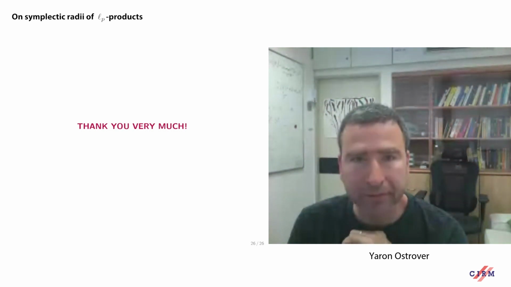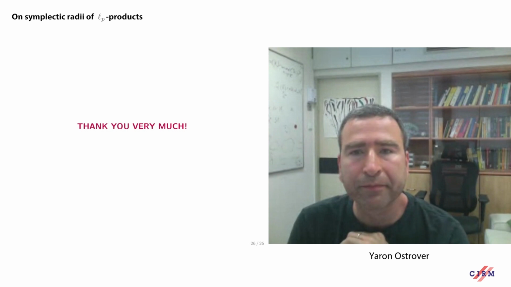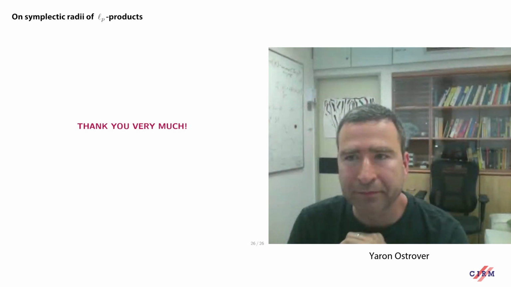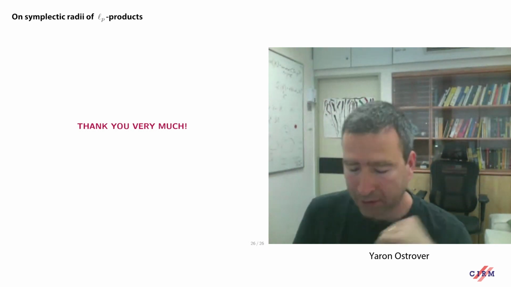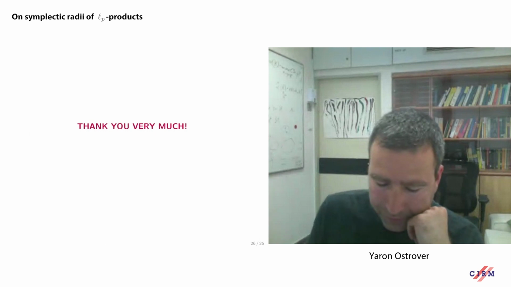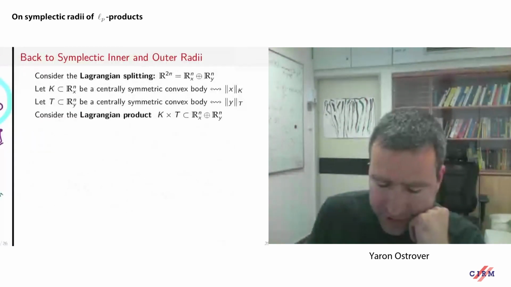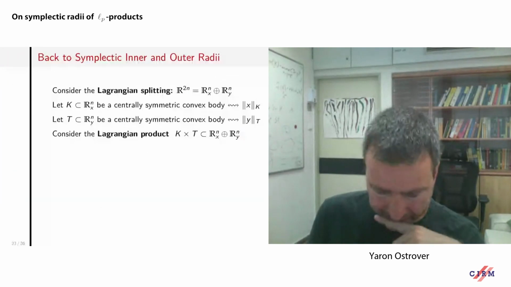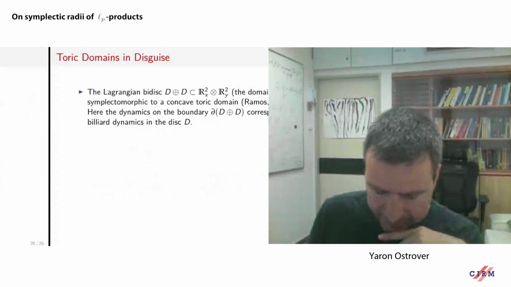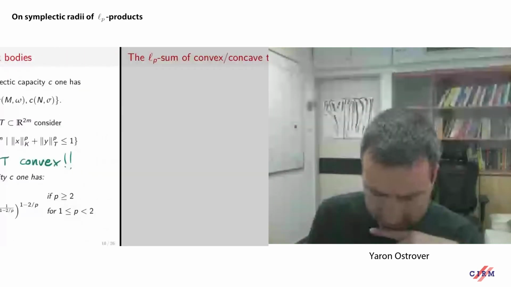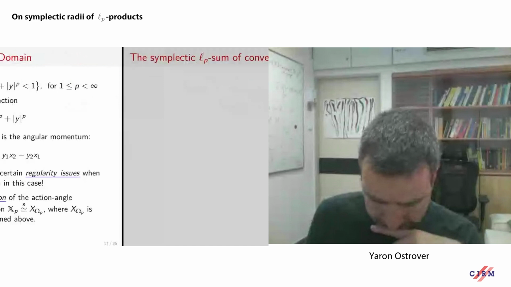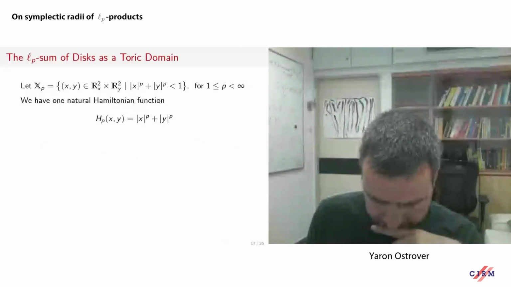So for instance, if p and q are different, but in the same range, say between 2 and 9/2, can anything be said? You mean for the Lagrangian product of two disks? Yes. So let me just go back to the formulas.